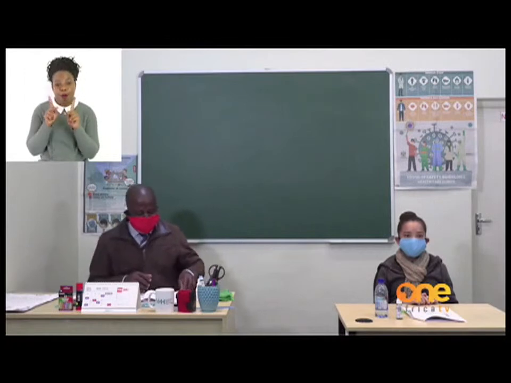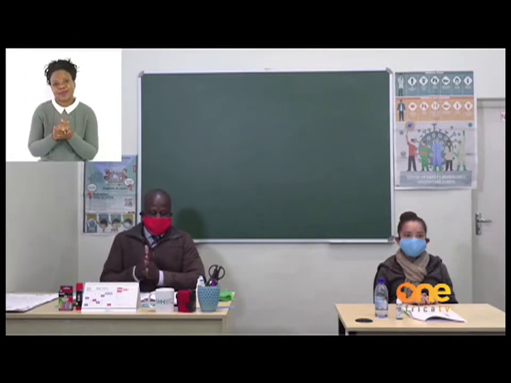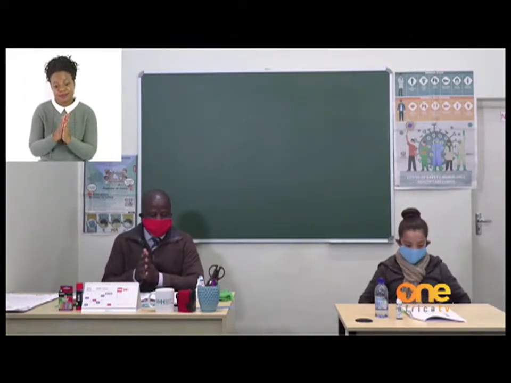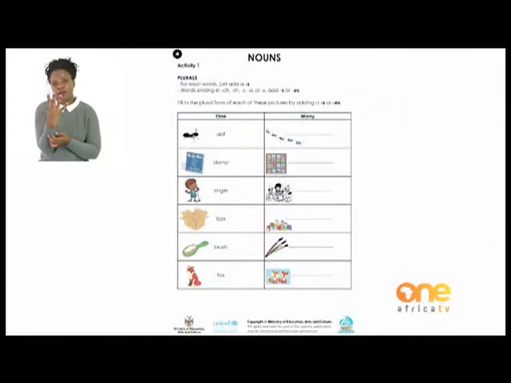Okay, my friends. Now, let's turn our books to page 4, where we are now doing our activities. We want to see if we have understood the rules that we were doing on page 3. Activity 1.